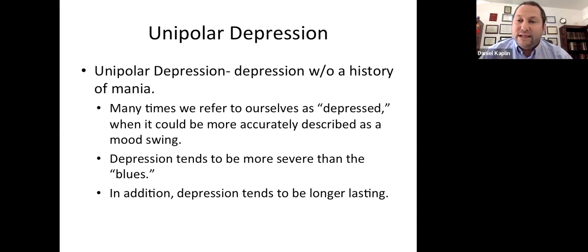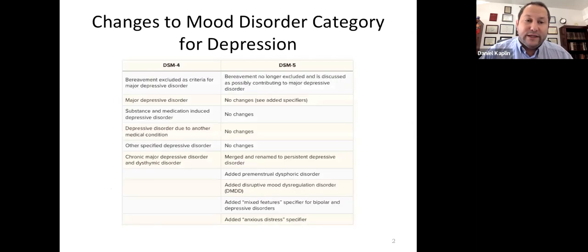Now, I think it's important for us to appreciate that we use the term depressed probably too frequently, because all of us go through periods of time where we might experience sadness or periodic mood swings, but depression is a persistent condition. It's longer lasting than the day-to-day blues one might experience.